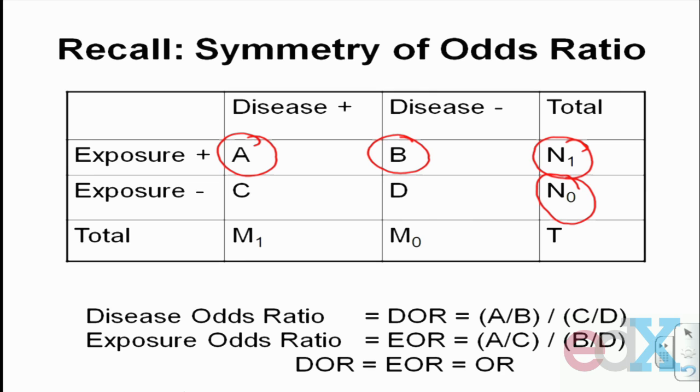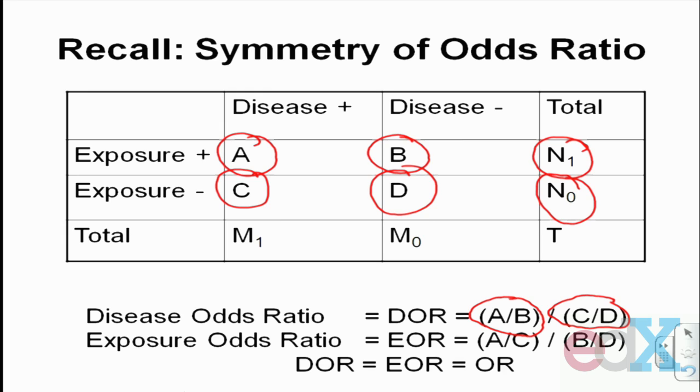You could measure the odds of developing disease among the exposed people, and that would be A divided by B. You could do the same calculation for the non-exposed people. C of them developed the disease, D of them did not. So their odds of developing disease is C over D. And like we've done before, and as you've done in homework exercises, you could calculate the odds ratio.